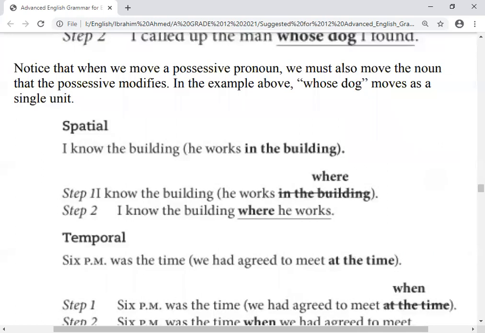Step one, we replace this phrase with the relative pronoun used to refer to space or place, which is where. I know the building, he works where. Step two, pull where to the beginning of the relative or adjective clause. I know the building where he works.